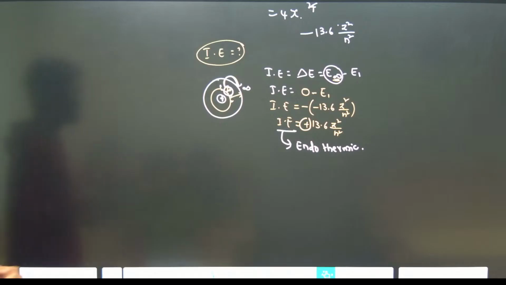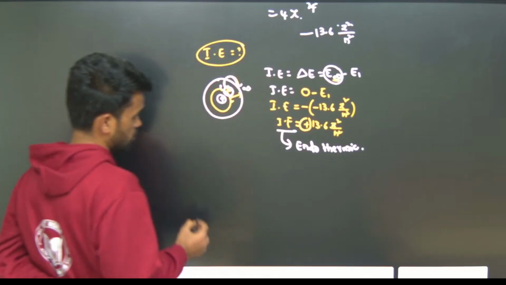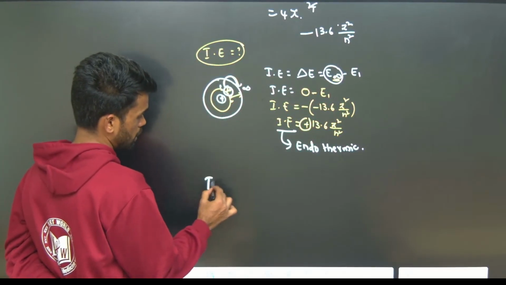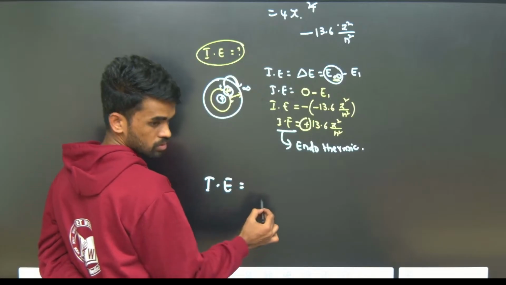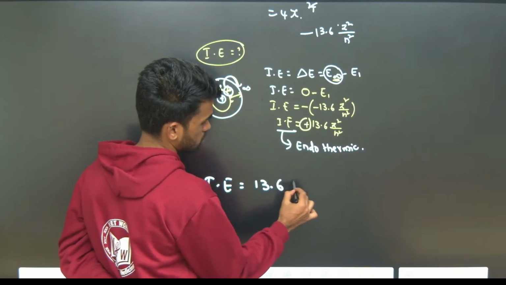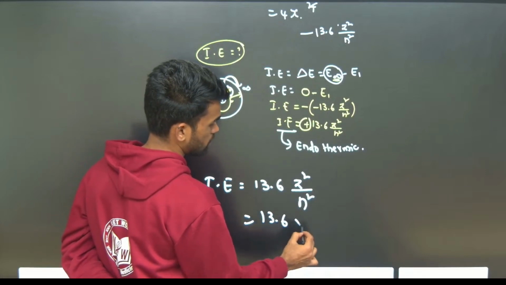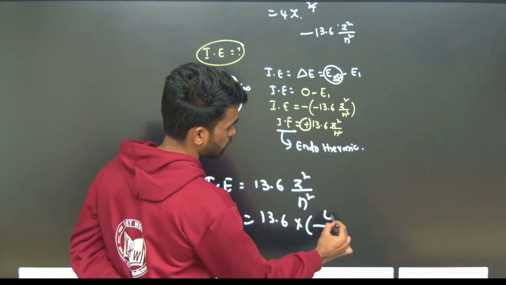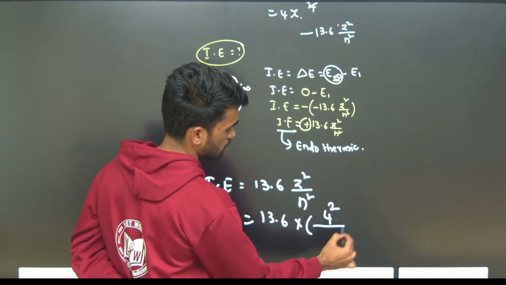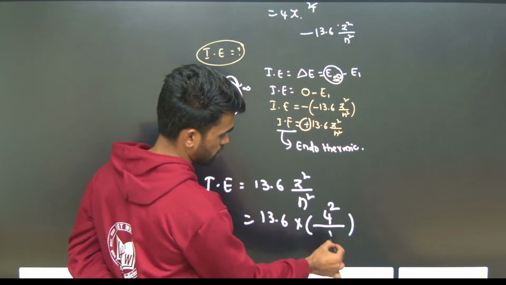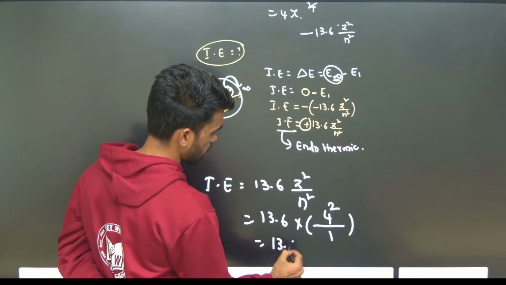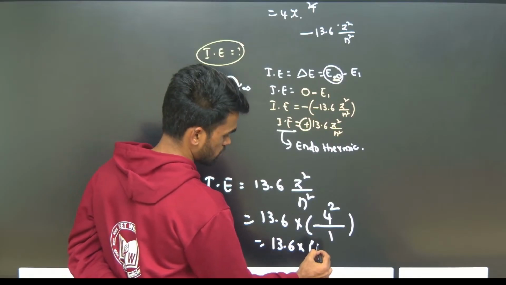So IE of beryllium, which one I asked? Beryllium, no? 4 square, and which orbit? First. So you can say 13.6 into 16.